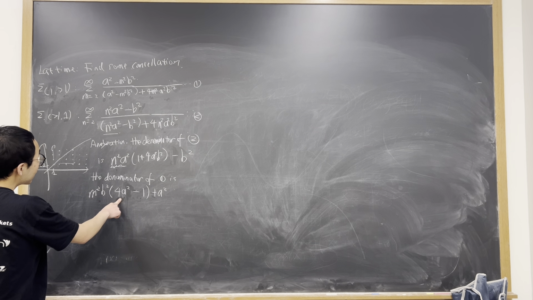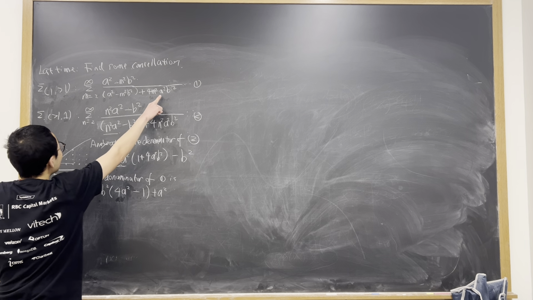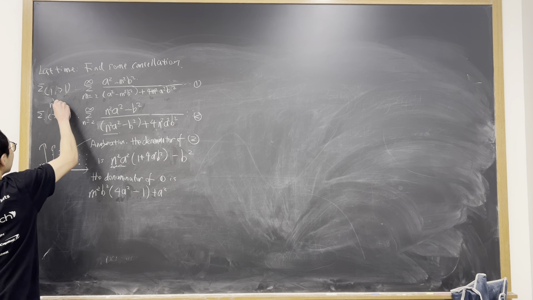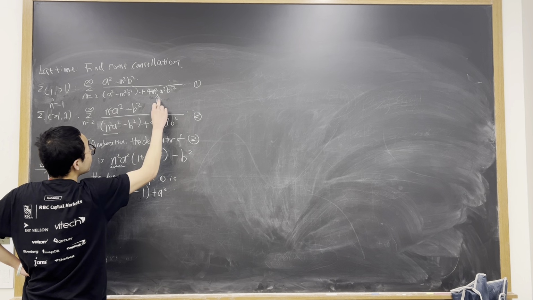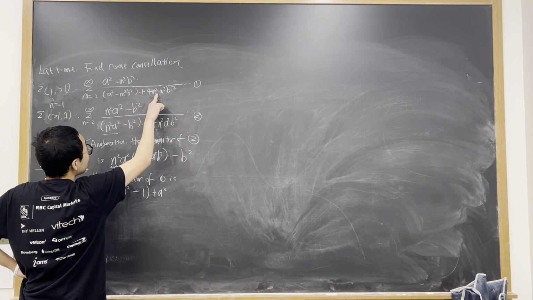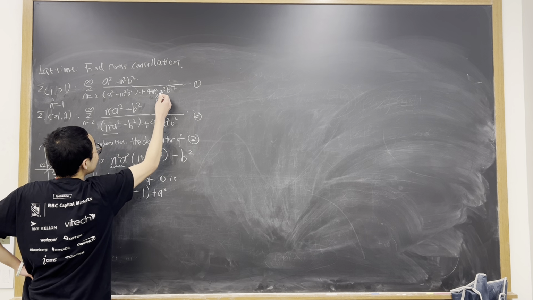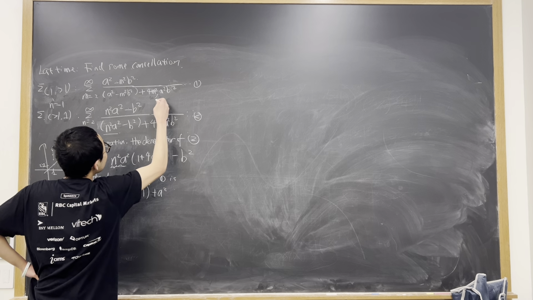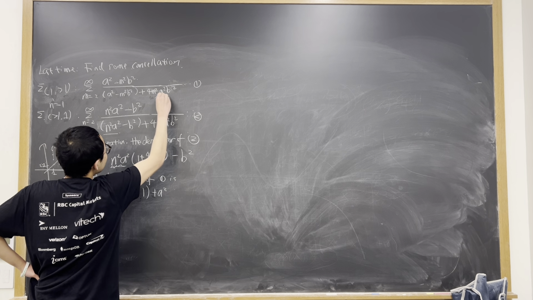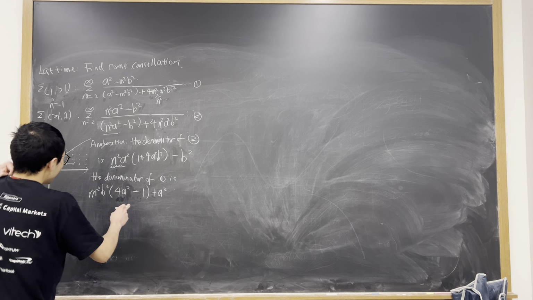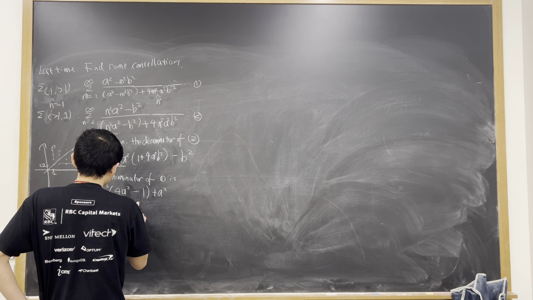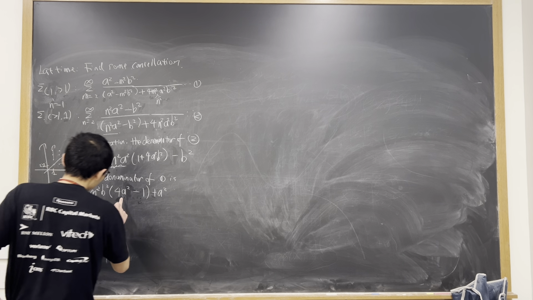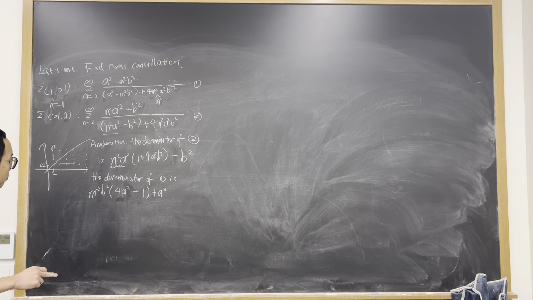Here I'm letting n equal to 1, so originally there's an n squared. Therefore I think it's reasonable to assume that this 4a squared minus 1 is positive.